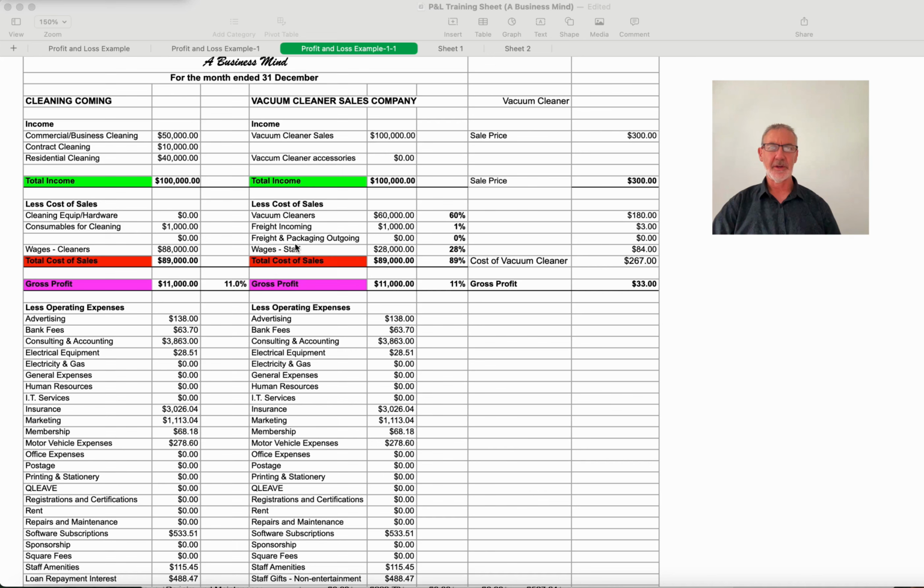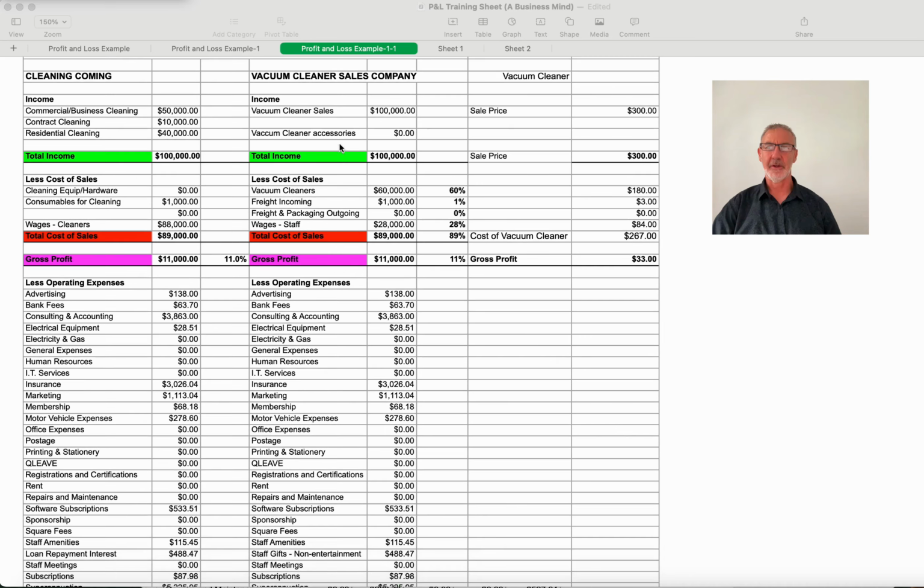So it's broken down into two parts. The top part up here is your income, and I've just used two examples. One is a cleaning company, and one to the right here is a vacuum cleaner sales company. So one's more of a service on the left, and one's more of a product on the right.